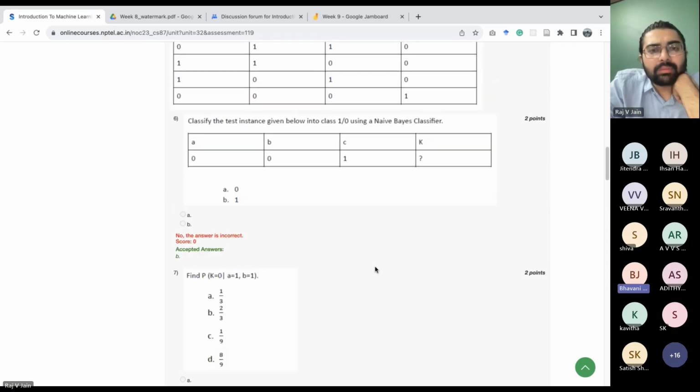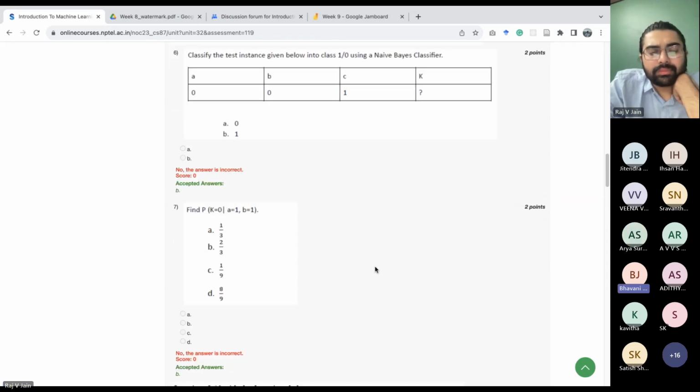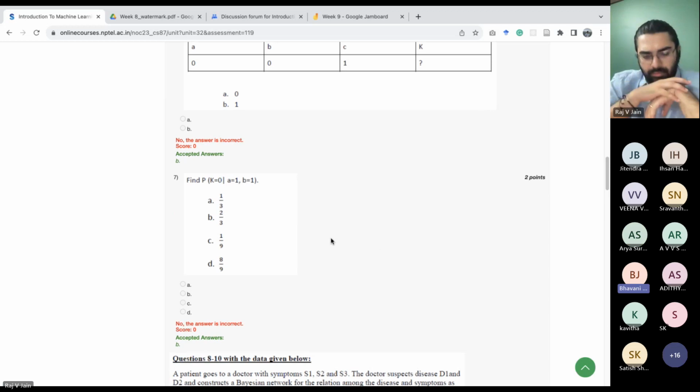Go ahead. So here, probability of k equal to 0 given a equal to 1, comma b equal to 1. How we calculated in our class was probability of a equal to 1, comma b equal to 1 given k equal to 0 into probability of k equal to 0, divided by probability of a equal to 1 into probability of b equal to 1.